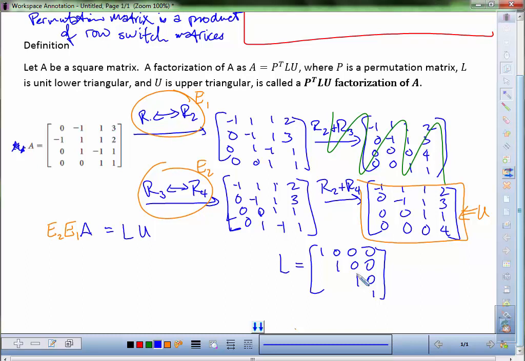Now, in this particular case, we only did one non-switching row operation, so we're really only going to have one non-zero in this lower triangular. Where is that going to be? So from my row 2, I added it to row 4. So what position is this? Row 4, column 2, 4 by 2.